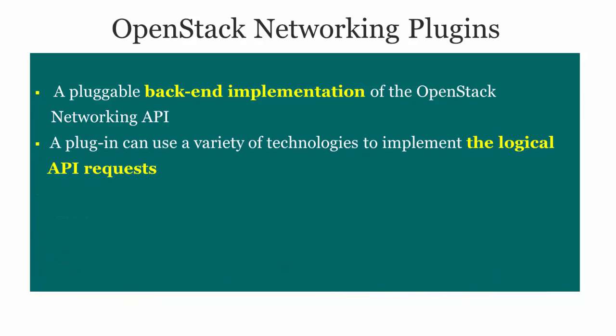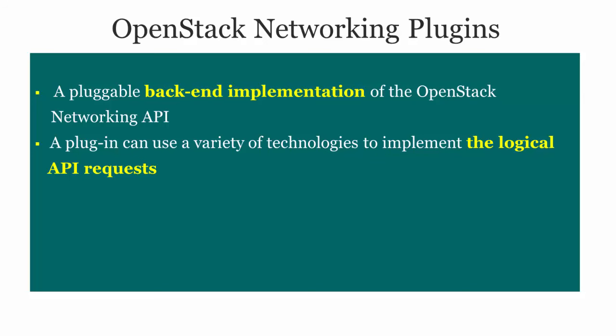And this kind of plugin can use a variety of technologies to implement the logical API request. It means that according to each company, they can use various networking technologies. In this case, using networking plugins, we can control these various or different technologies.